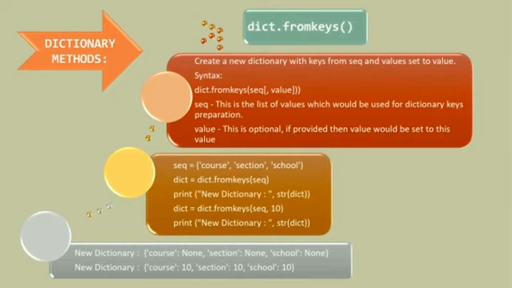This method creates a new dictionary with keys from sequence and values set to value. Syntax: dict.fromkeys(sequence, value). Sequence: this is the list of values which would be used for dictionary keys preparation. Value: this is optional. If provided, then value would be set to this value.